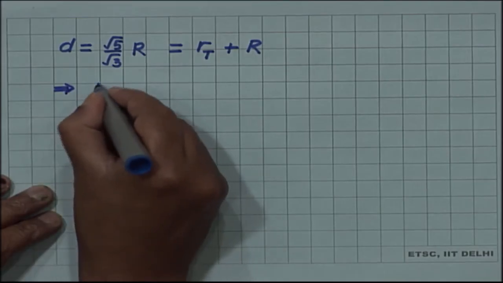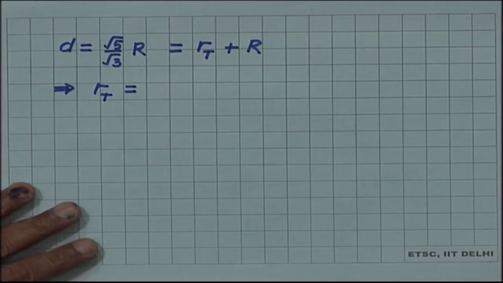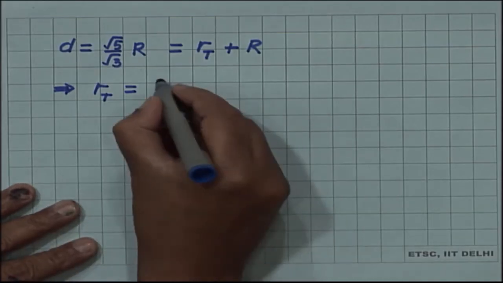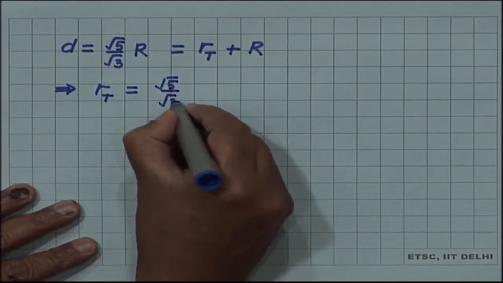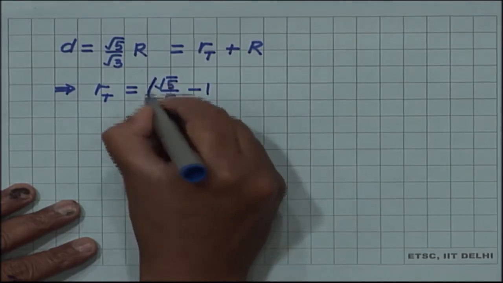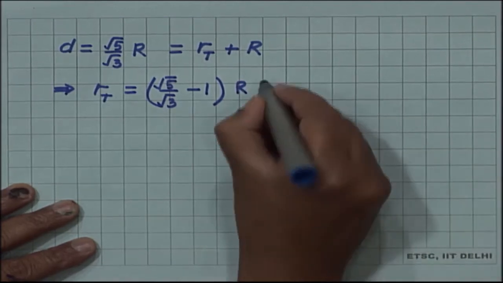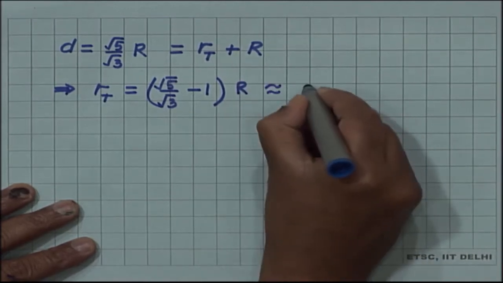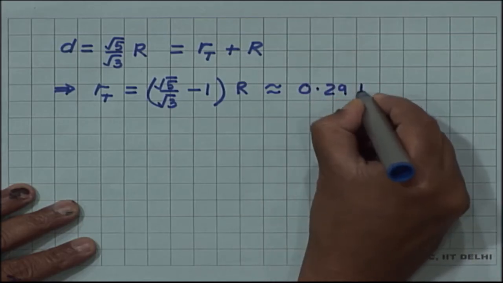This quickly gives you an estimate of the radius of the tetrahedral void, or the largest atom fitting in the void, as root 5 by root 3 minus 1 times R. And if you calculate it numerically, you will get something like 0.29 R.